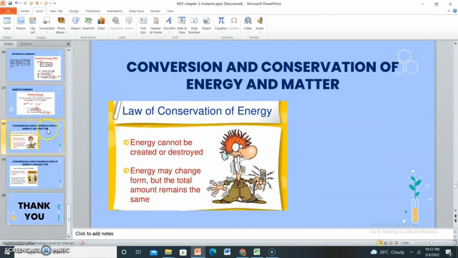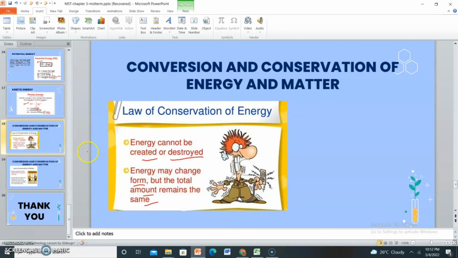So, the next is the conversion and conservation of energy and matter. The law of conservation of energy states that energy cannot be created or destroyed. Energy may change form, but the total amount remains the same. So, that is the law of conservation of energy.